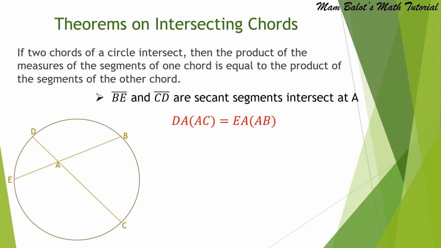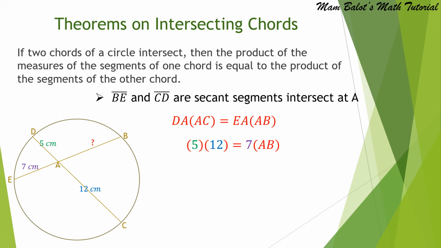So if the given measures of AC is 12 centimeters, DA is 5 centimeters, EA is 7 centimeters, we can find now the measure of the segment AB by following the theorem. So substituting their measures to our equation, we have DA is 5, AC is 12, and EA is 7.